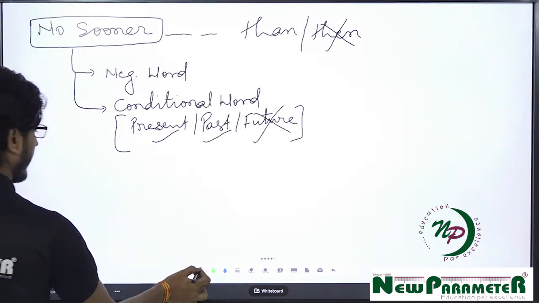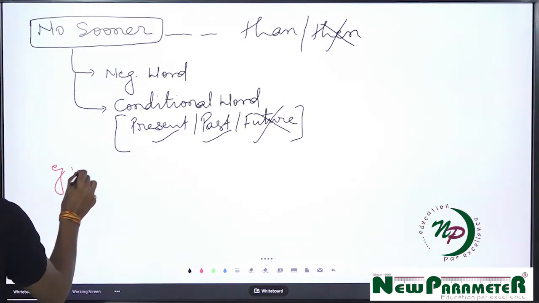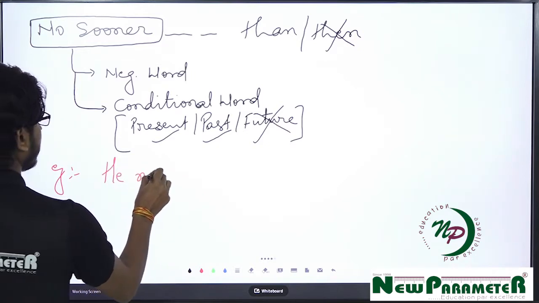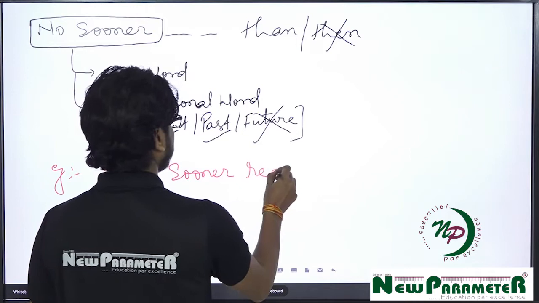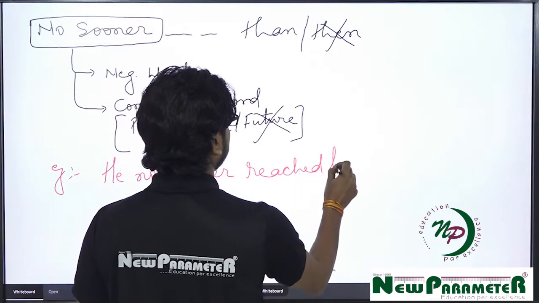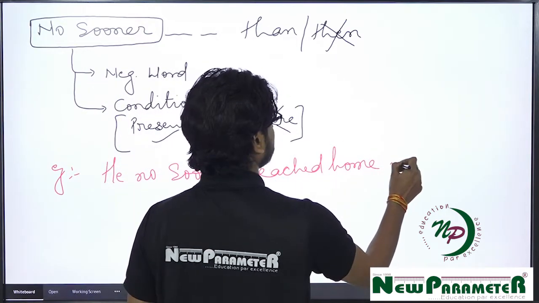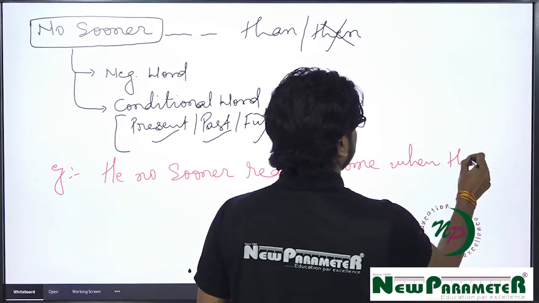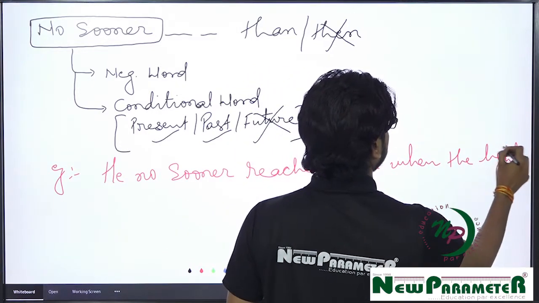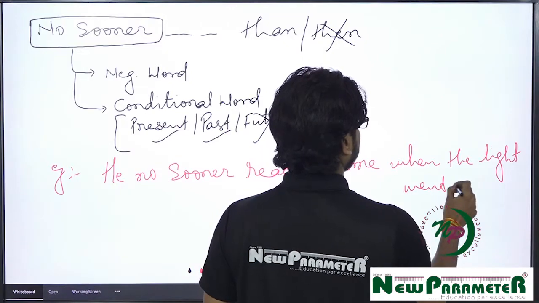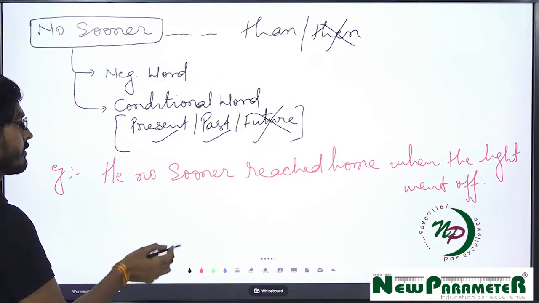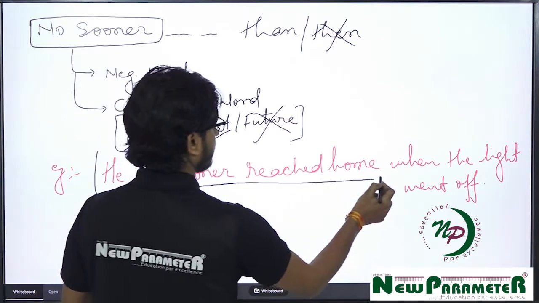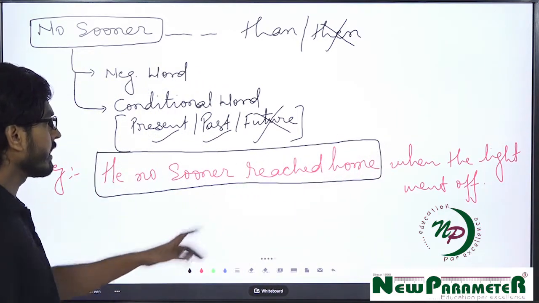Say for example, he no sooner reached home when the light went off. So firstly we'll see what is the clause of no sooner, this one. Is there any negative word?